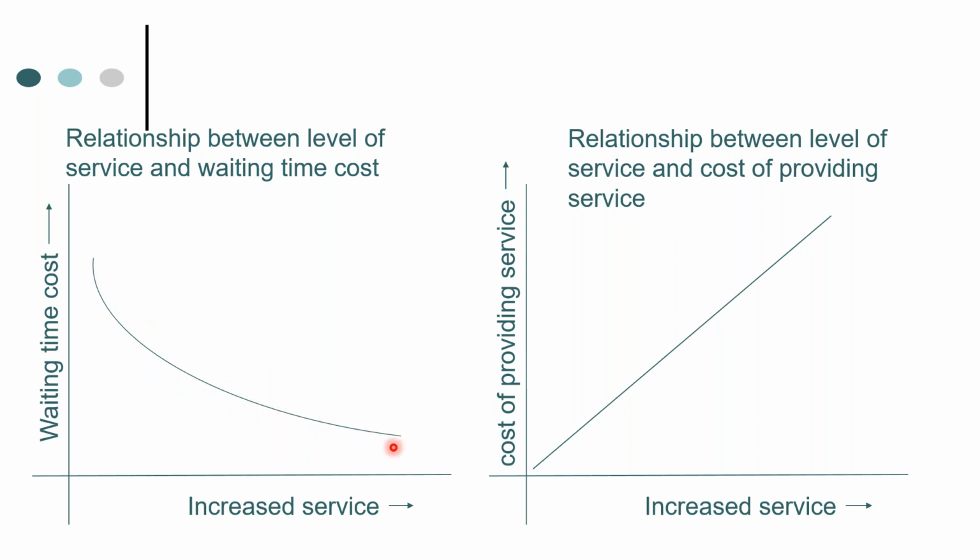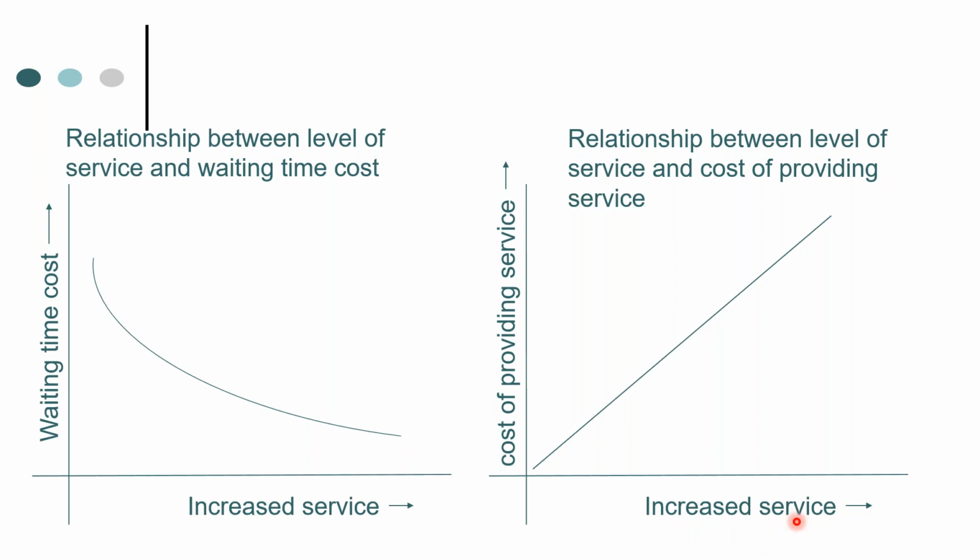Okay. However, if you see the relationship between level of service and cost of providing service, it is totally different. Because if you have to own five stations, or multiple stations, if you have to increase your service level, then you have to increase the resources required for it.